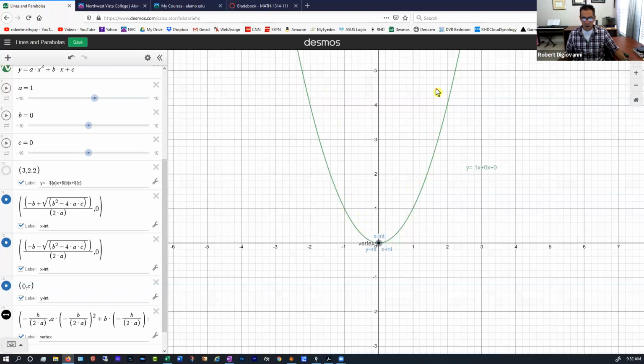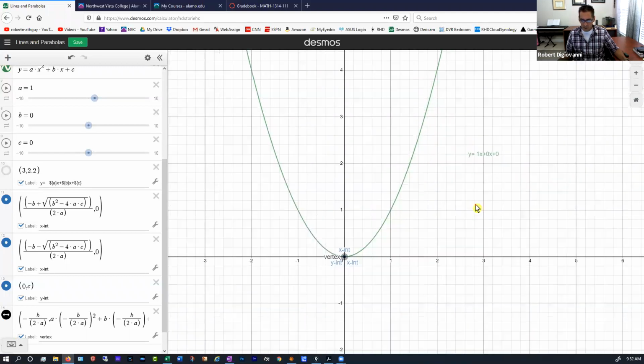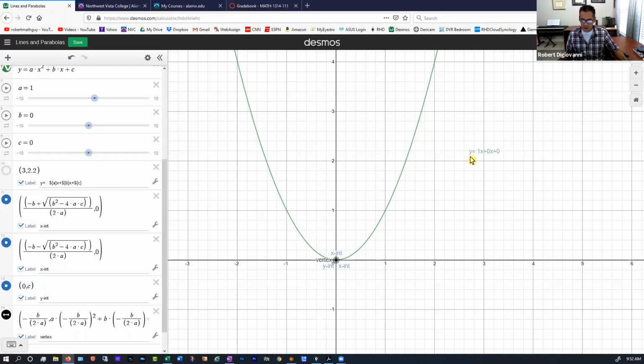Now, I don't know if you can see this. Yeah, you can see that all right. This says y equals 1x. You know what? I put the wrong thing there. Sorry. Okay, this is y equals 1x squared plus 0x plus 0. So what we're looking at is the parabola y equals x squared.